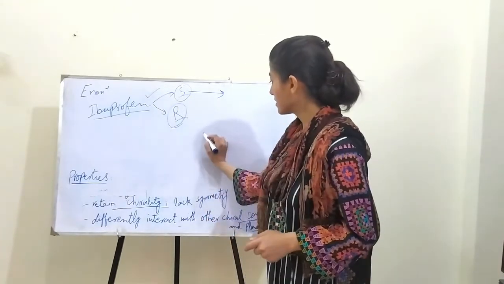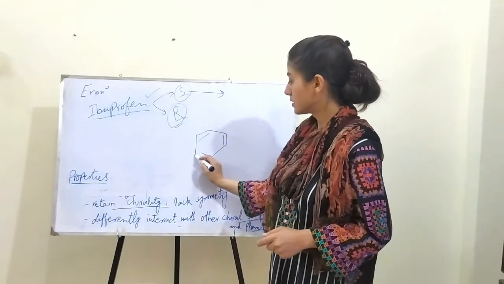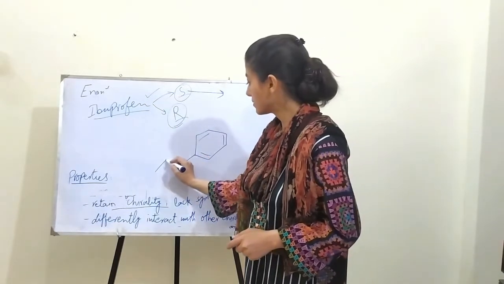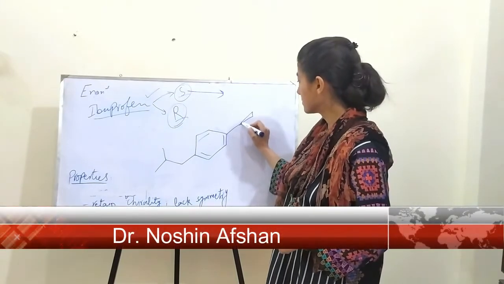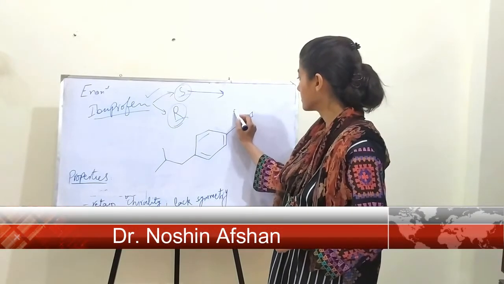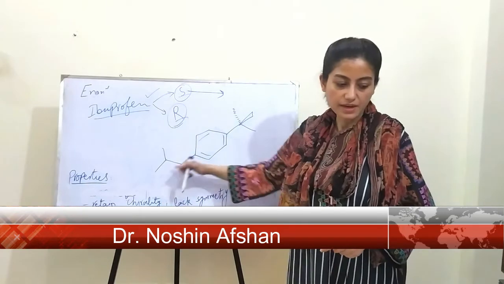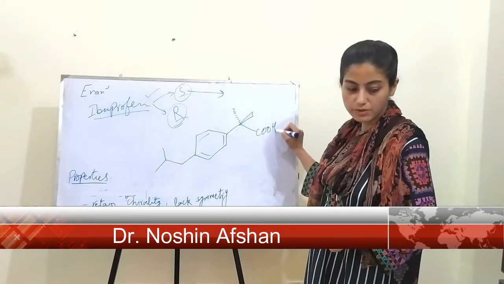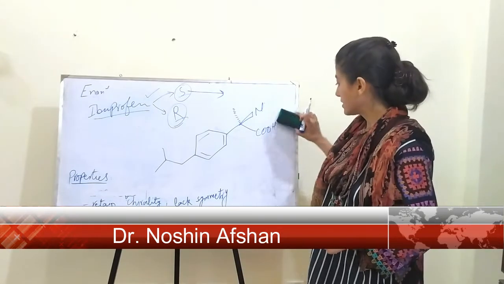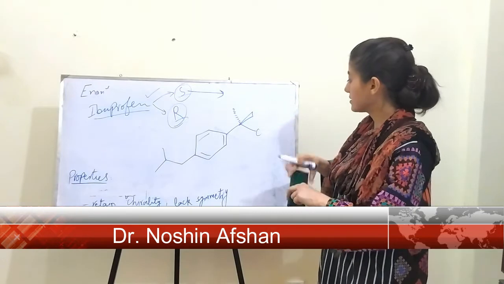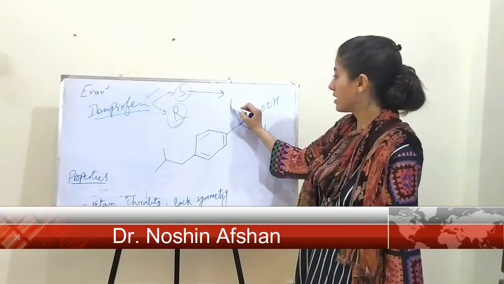So what is the formula? That looks like this one. So here CH2CH, CH3 and CH3, and here it is attached with COOH, then NH2, here it is CH3 and COOH and then hydrogen.